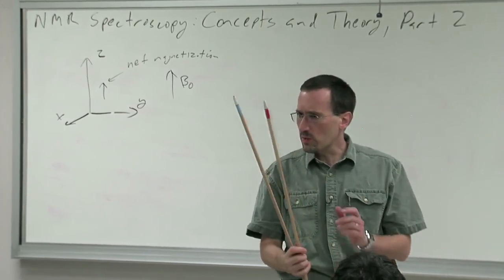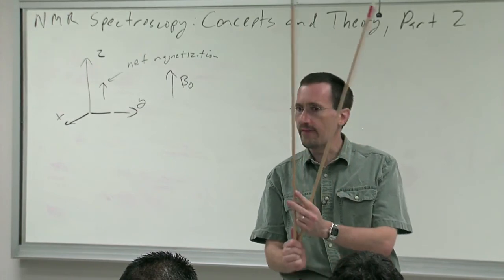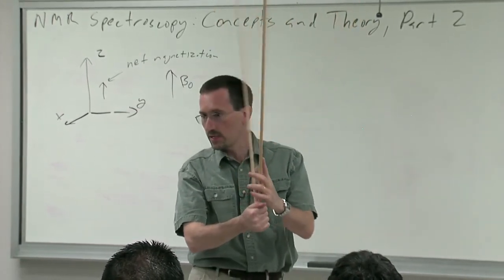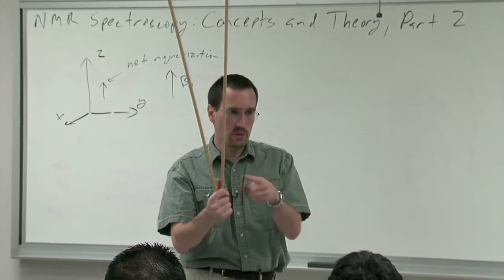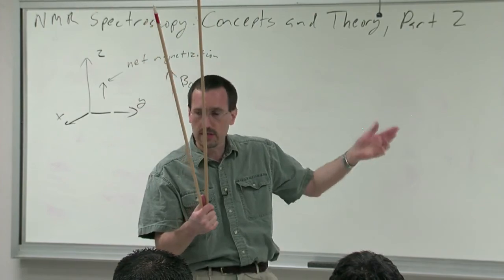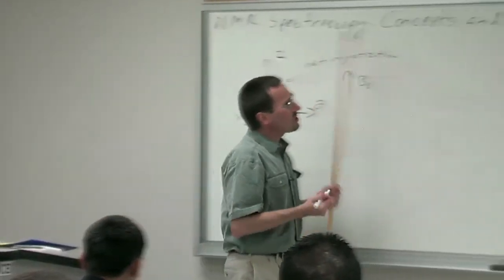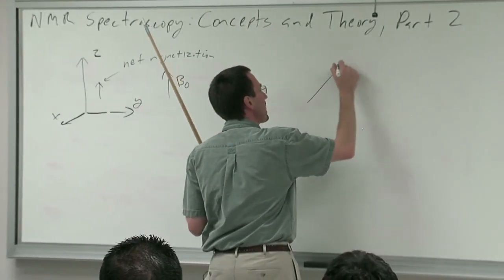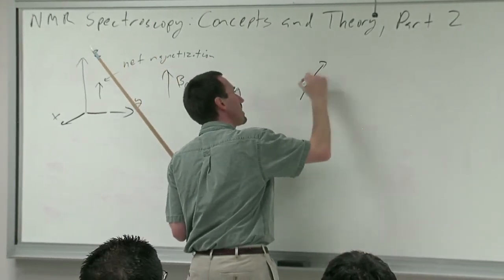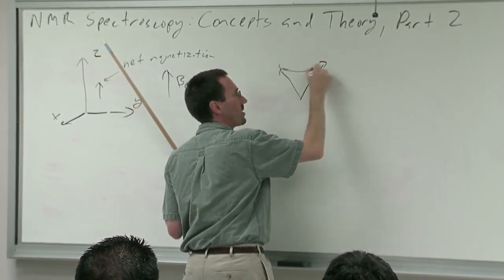Now, the way it works when you apply a magnetic field is you actually have those vectors precessing around. In other words, they are precessing at that resonant frequency, at the Larmor frequency, at 500 megahertz for a 117,500 Gauss magnet. So we actually can represent this by saying, OK, we've got spins sort of pointing in every which way, and I'll just draw two directions.